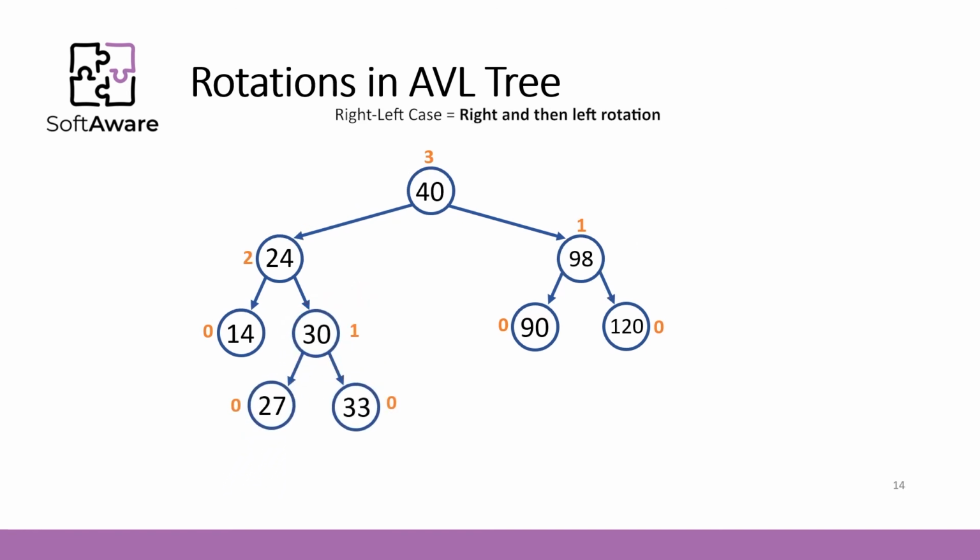Next, let's see the right-left case. To unbalance our tree for the right-left case, let's add a couple of nodes with key values to our AVL tree. First, 130 and then 125. At the node with key value of 120, we will have unbalancing which will return -2 as the balance factor value.